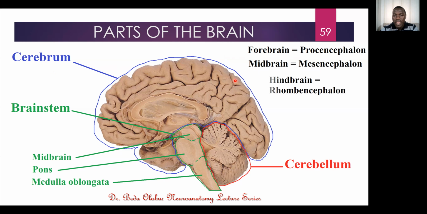Then when we talk of hindbrain, otherwise called rhombencephalon, we are referring to these 3 components: pons, medulla oblongata, and the cerebellum. That is what constitutes the hindbrain, or rhombencephalon. So you need to be familiar with this naming system as well as this naming system. This is particularly important from embryological point of view because the brain tends to develop from those three parts.